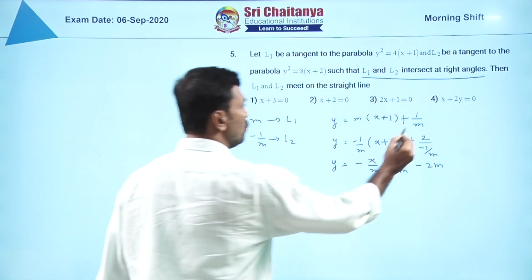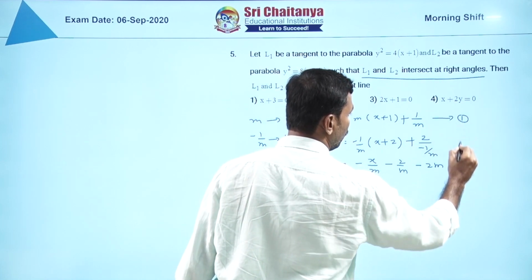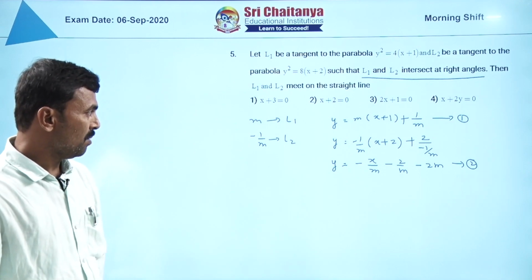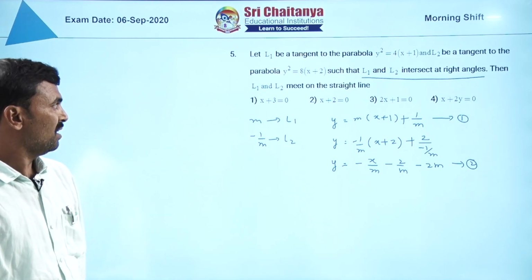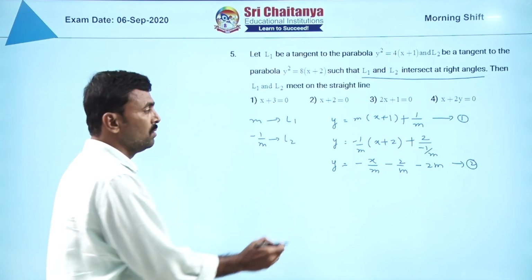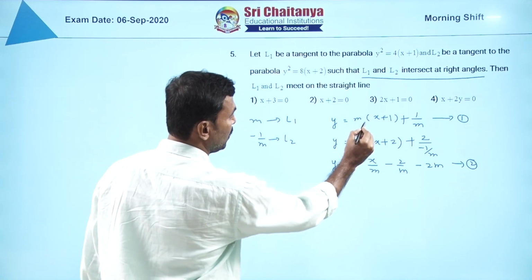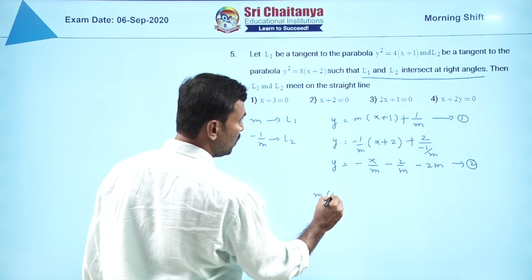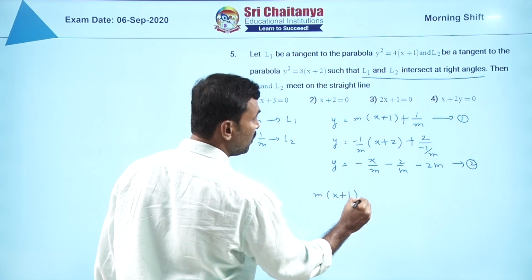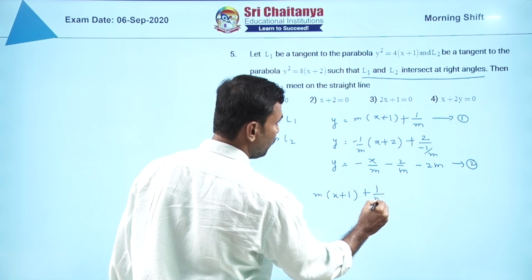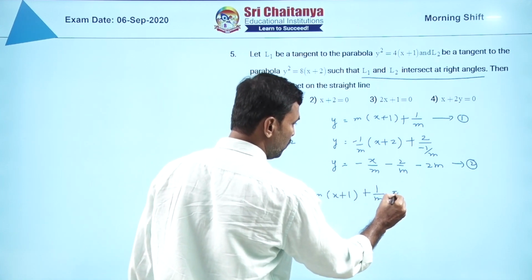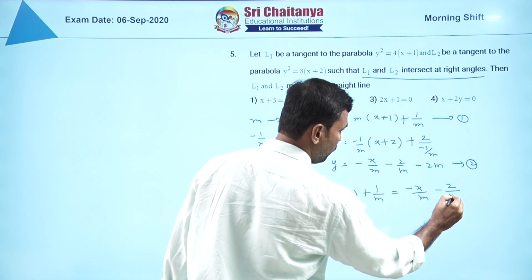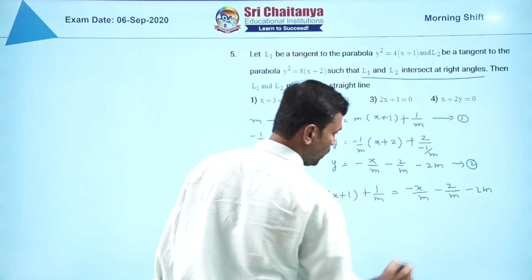Now, solve these two lines L1 and L2, remove the parameter m, then you will get the straight line. So, I am solving 1 and 2. I am substituting 1 into 2: m into x plus 1 plus 1 by m is equal to minus x by m minus 2 by m minus 2 m.